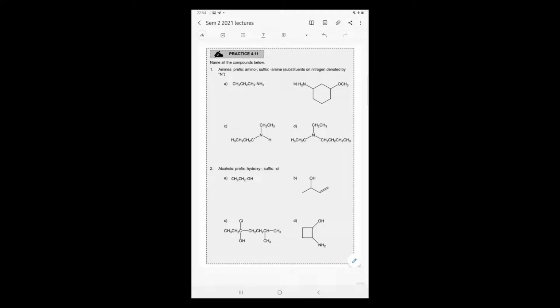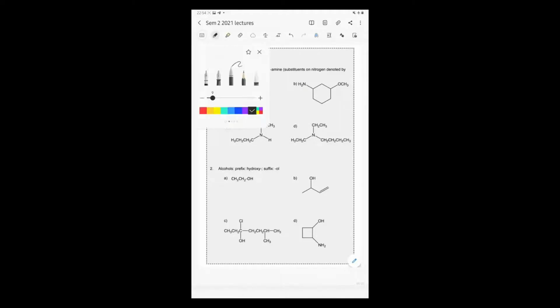Remember you have to refer to the table of functional groups, table group A, page 137, to know the priority of the functional groups. So now number 1, amines. The prefix is amino, the suffix is amine. Substituents on nitrogen are denoted by N. Let's give a name to the amine.